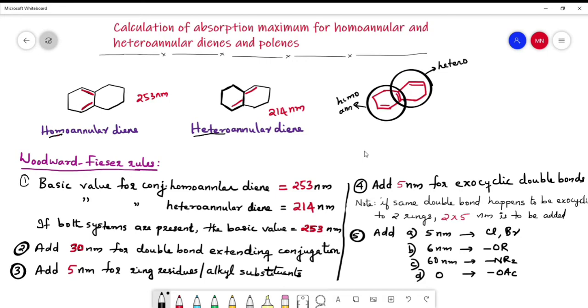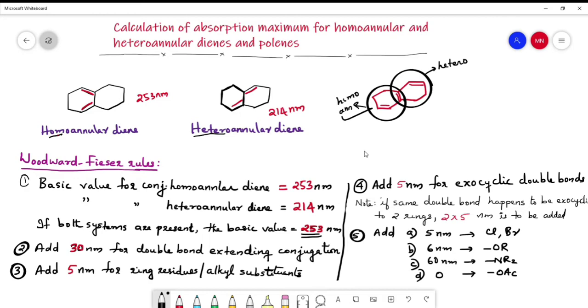If such systems come up, you have to take the value for the homoannular component as the basic value. So remember, if you have a compound in which both homoannular and heteroannular systems are present, you have to take the higher value, that is the homoannular component basic value, 253 nanometer.